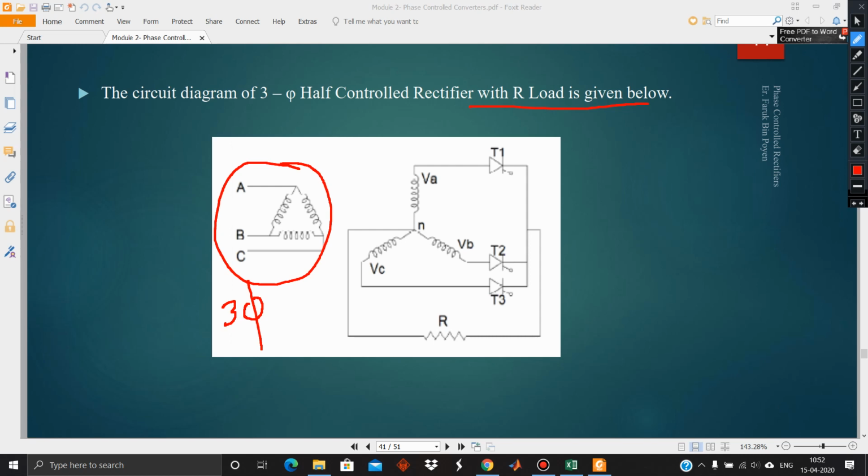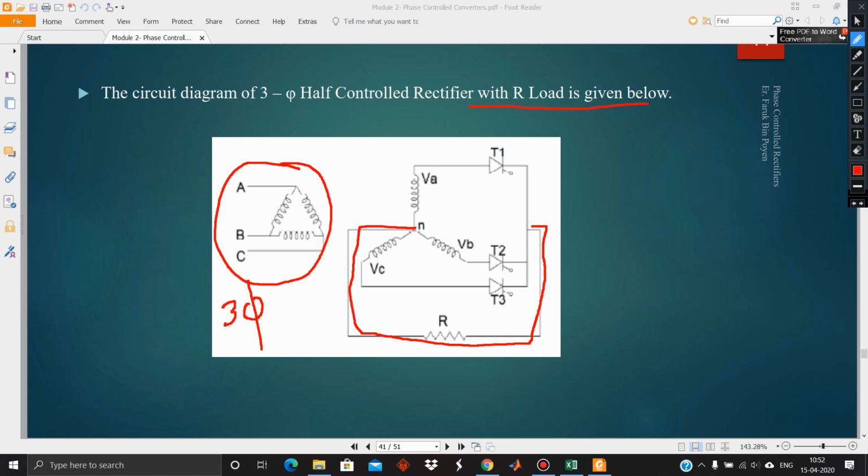So the voltage of each phase will be induced in each of the phases of the star. So there are VA, VB and VC, and in series with each phase each of the thyristors is connected, and these thyristors are connected in star, and this is connected to the neutral point. So this completes the circuit.